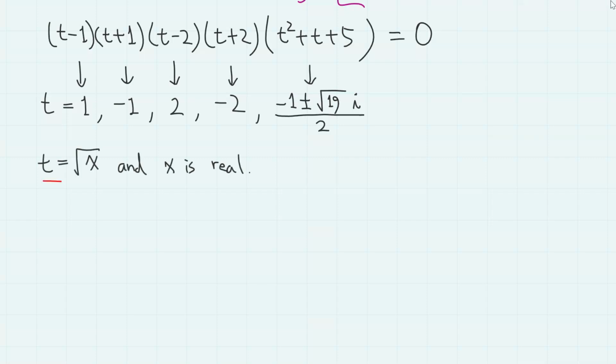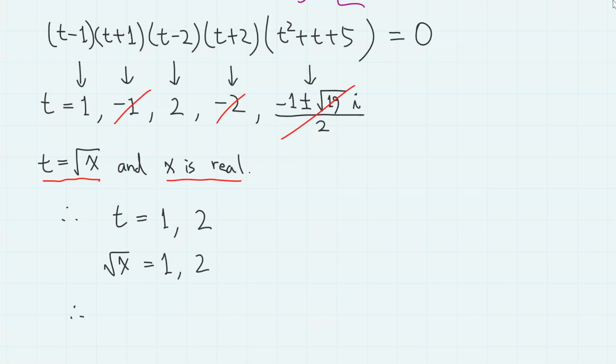But since t equals square root of x, and x is real, t cannot have values such as minus 1 plus minus square root of 19i divided by 2, and t also cannot have negative real values. Therefore, the only choices are t equals 1 or 2, so square root of x equals 1 and 2, which gives x equals 1 and 4.